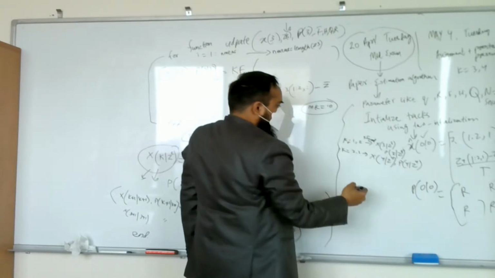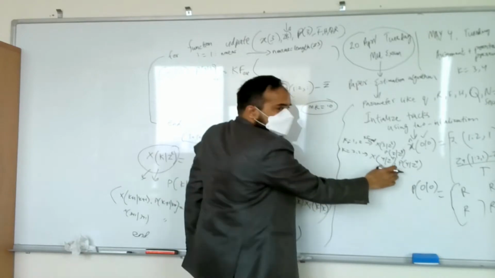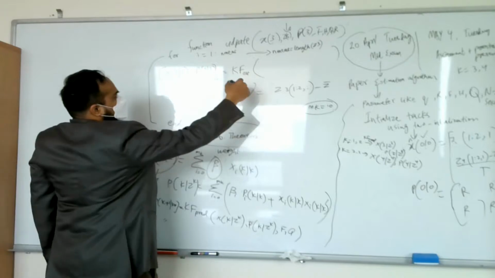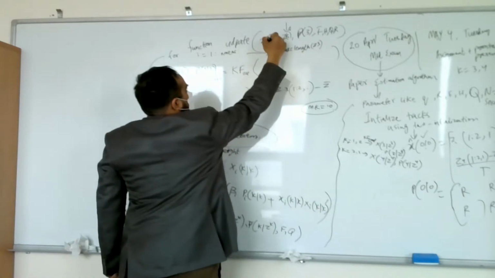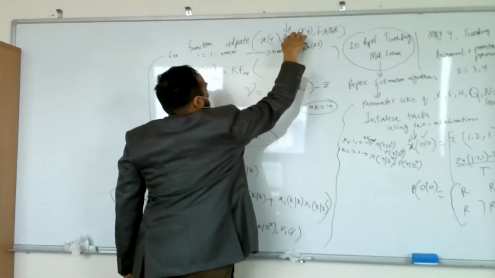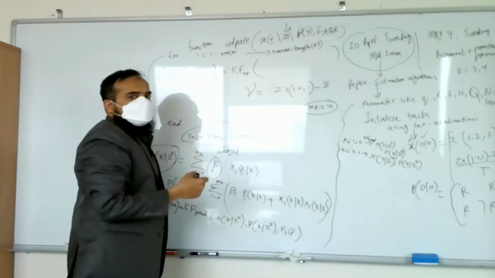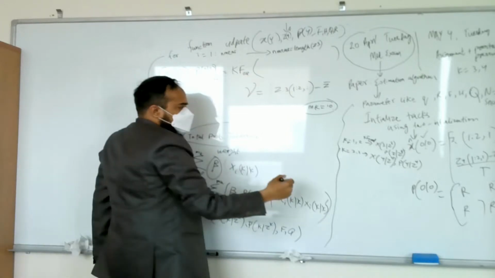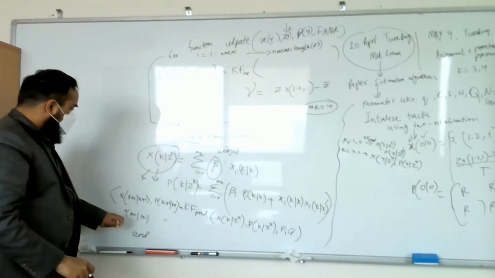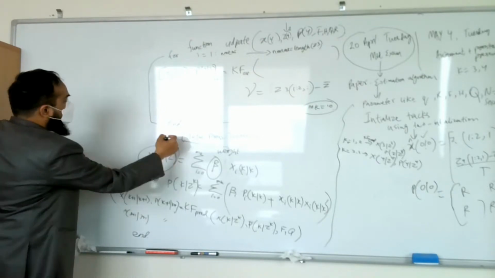Then when you get this x of 4, here update the scan number 4 using the z of 4, and when updated, you will get the state here.